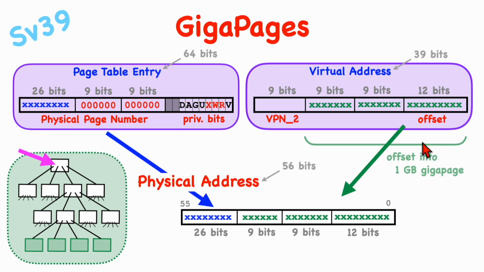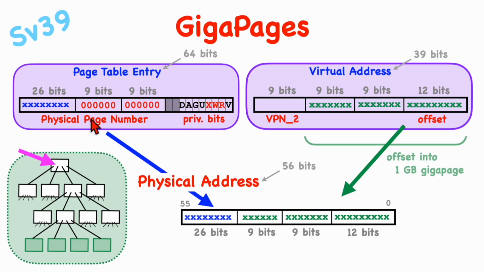The page table entry that was retrieved from the root has at least one of the read, write, execute bits set to 1, so that's how the MMU knew that it was a leaf page table entry. And since this occurred in the root node, or more precisely, 2 levels up from the bottom level, it means that this page table entry is pointing to a Giga Page.